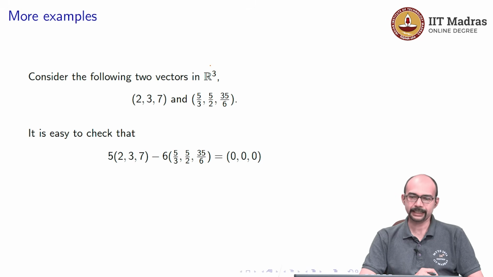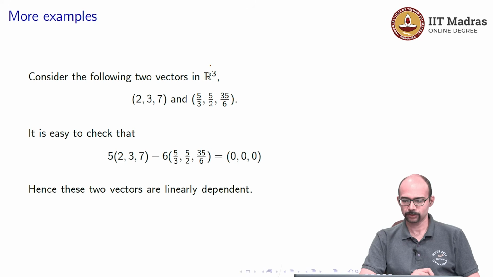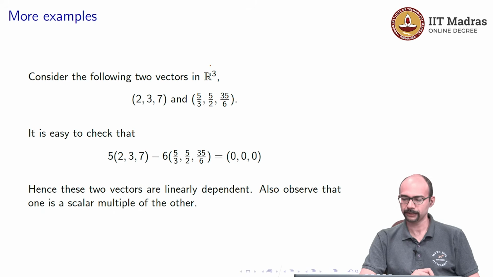So at least one of these coefficients is non-zero. In fact, in this case both of them are non-zero, and so these two vectors are linearly dependent.